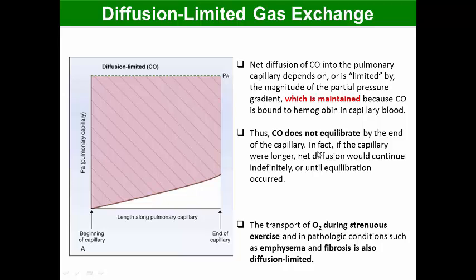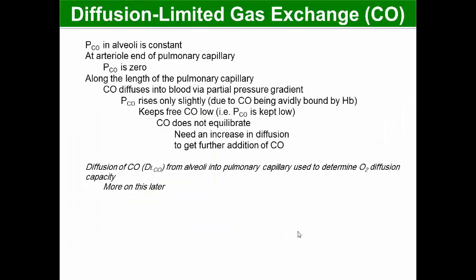In fact, had the pulmonary capillaries been longer, the carbon monoxide would continue to diffuse indefinitely or until equilibration occurs. Again, the transport of oxygen across the respiratory membrane during strenuous exercise and in pathological conditions like emphysema and fibrosis is also diffusion limited. It's not perfusion limited. Okay?